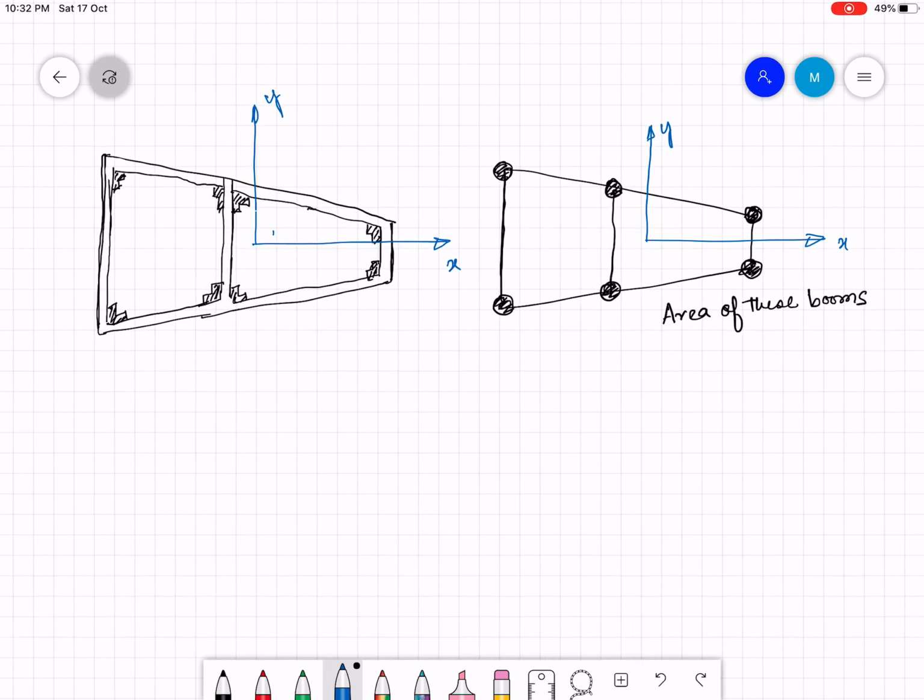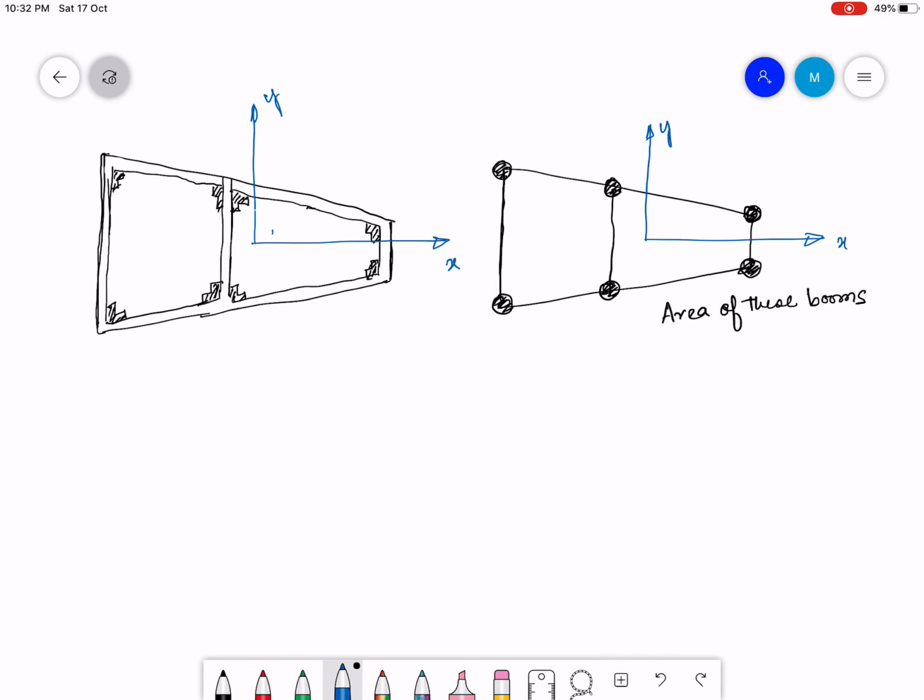So this is Ixx, and I will equate Ixx to Ixx of the idealized section. That is my philosophy that I'm going to use for this skin-stringer idealization, considering Mx to be predominant.